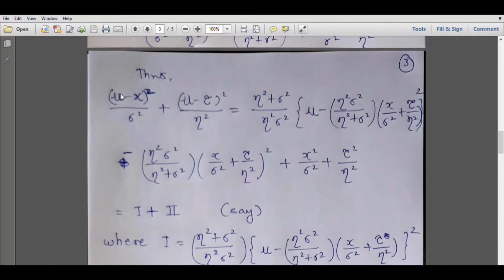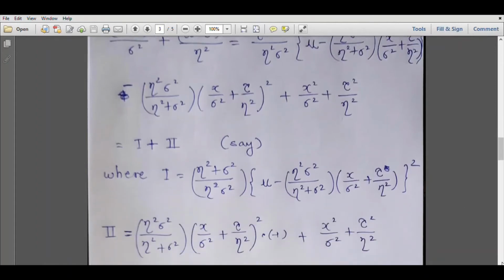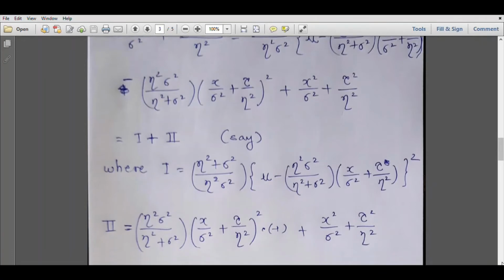So thus now (mu minus x) whole square upon sigma square plus (mu minus tau) whole square upon eta square has been simplified to this. So let us call this the first term, let us denote it by the Roman numeral 1, and these terms as the second, like this. Then let us try to simplify the second term here.